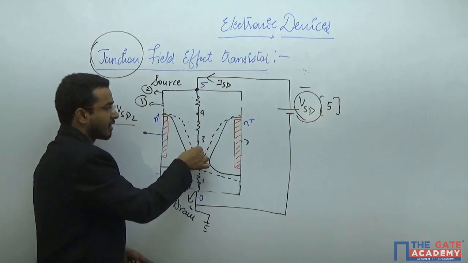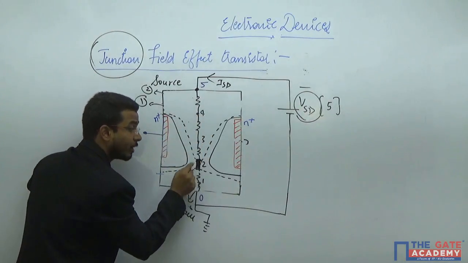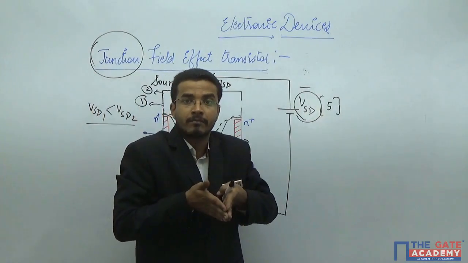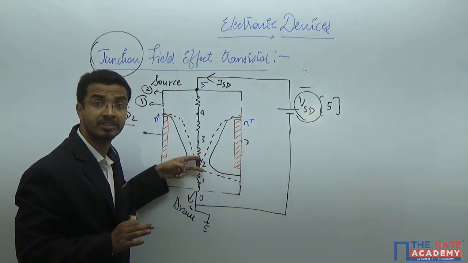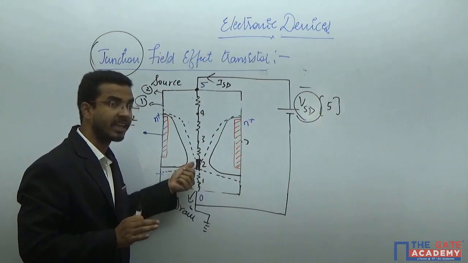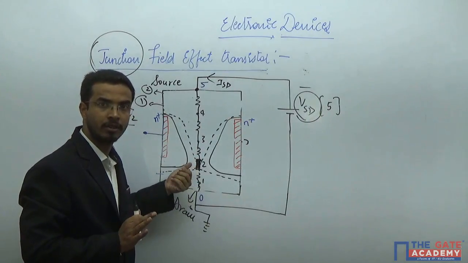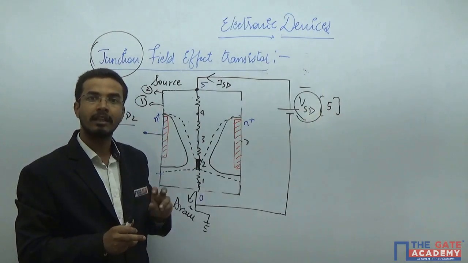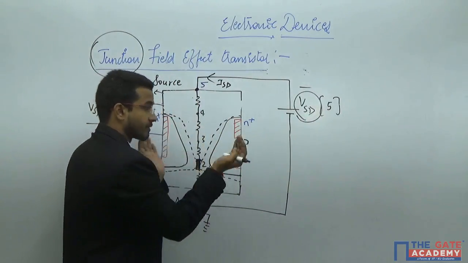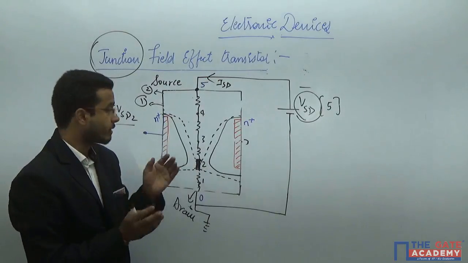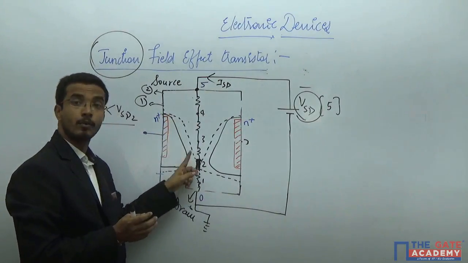Here you have the channel in the upper portion, and only the lower portion is pinched now. That means you have a very high resistive area only on the lower side, towards the drain. Yes or no? Now see what is lacking here, whatever we have missed in these sharp edges. What is the difference between the sharp edges and these wedge edges?